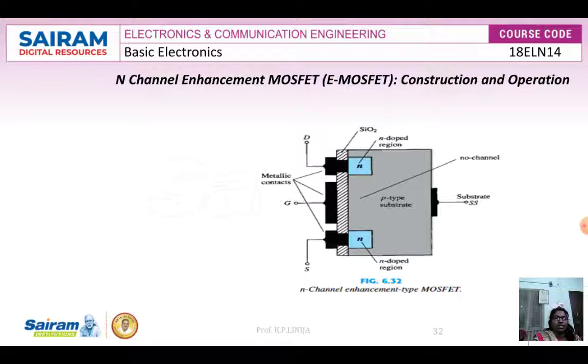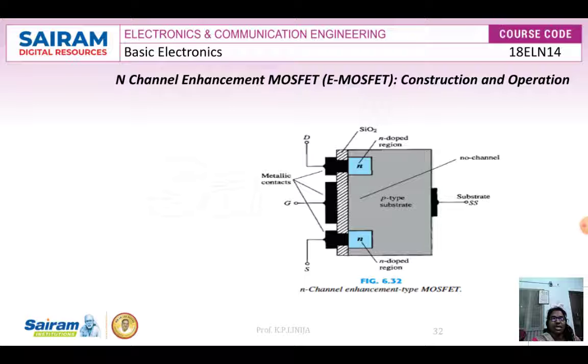This is the construction. We are going to discuss the construction part as well as the operation part. Coming to construction, this p-type material is formed from silicon, which acts as the base material and is referred to as the substrate. The source and drain terminals are connected through metallic contacts to the n-doped regions. Now see the gate.